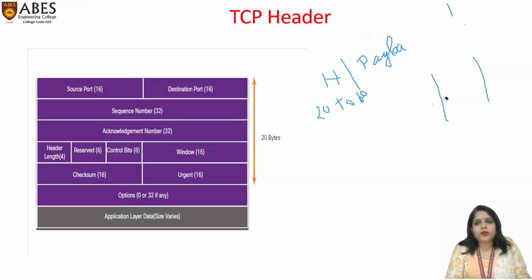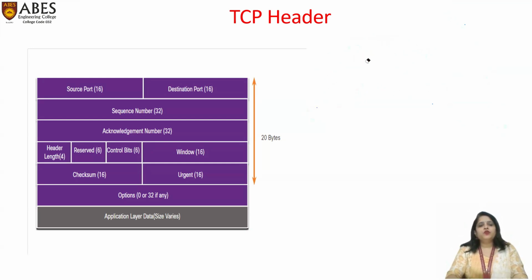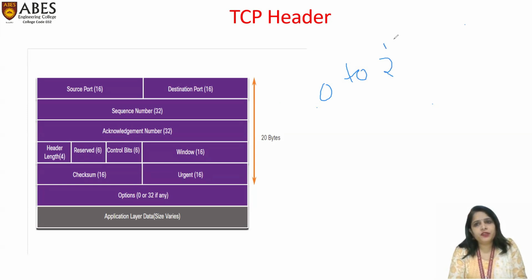In the TCP header format, the first field is the source port and the second one is the destination port. We know that a port number is a 16-bit number. So the range of the TCP source port and destination port varies from 0 to 2 raised to the power 16 minus 1, that means 0 to 65535.